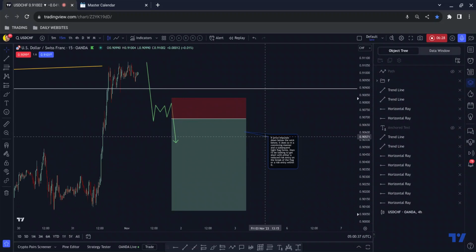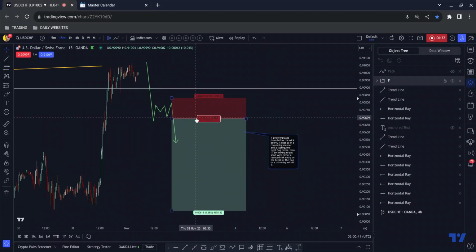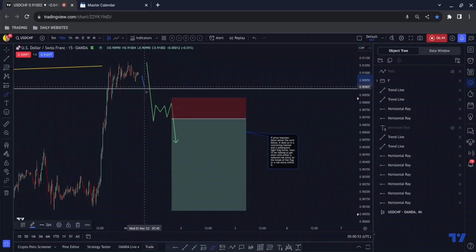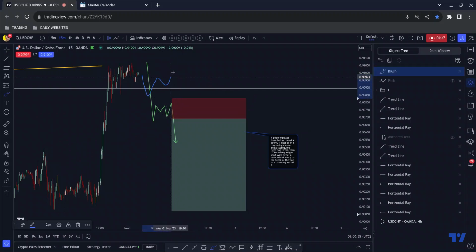If we get a break below, if price impulses down below the wick below, so this wick here, then I'll look to be getting short with either a reduced risk entry on the break of the flag or a risk entry within it, because that will have negated the possibility of this turning into what I just showed you a second ago.